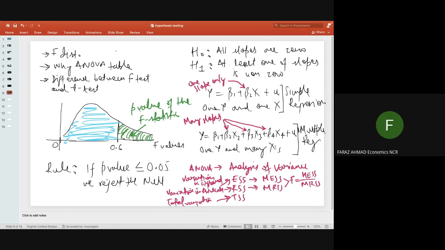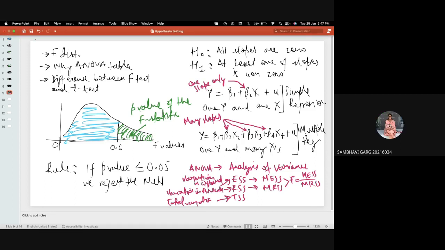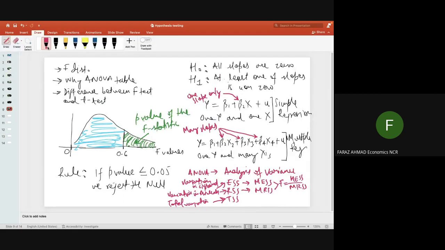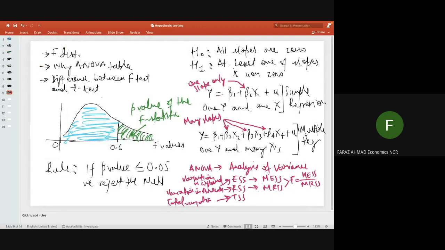Sir, could you please tell what the area to the left of the value is called? The blue area, yes, sir. The blue area is the probability of x, or here we have an F statistic. So let me write an F here.